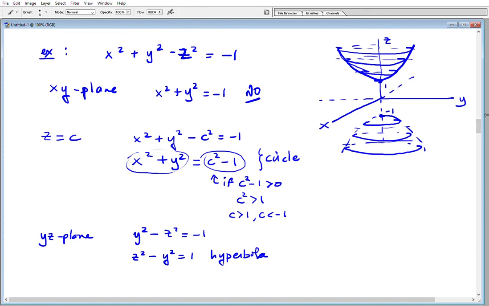So let me just show you. We're going to Math Breeze now. In section 144, I just have a little chart of various quadric surfaces, the ones that we covered. So let's go to Math Breeze. I'm just going to go there for a second.